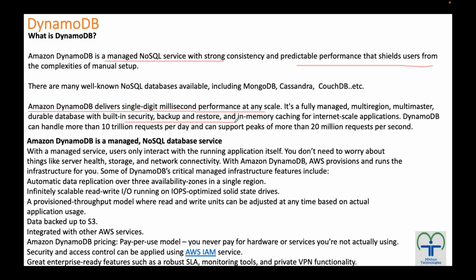It can handle more than 10 trillion requests per day and support peaks of more than 20 million requests per second. You will get very good performance for NoSQL if you go with DynamoDB.